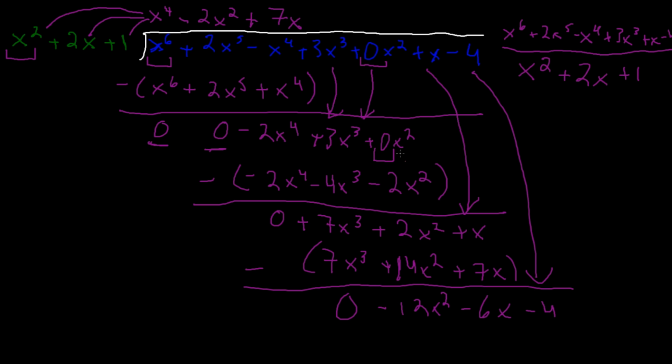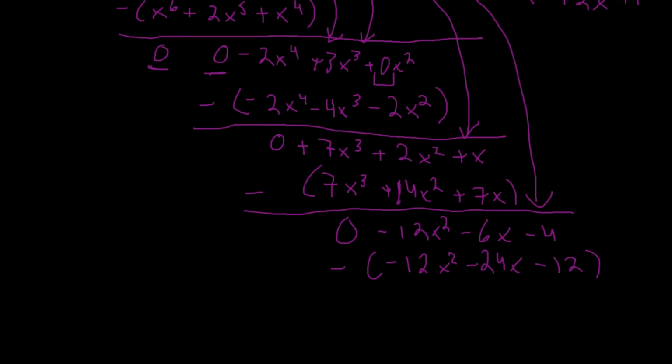And then we're going to ask ourselves the same question again. X squared times what equals negative 12x squared? And the answer to that is negative 12. So negative 12 times x squared is equal to negative 12x squared. And then negative 12 times 2x is negative 24x. And then negative 12 times 1 is negative 12.